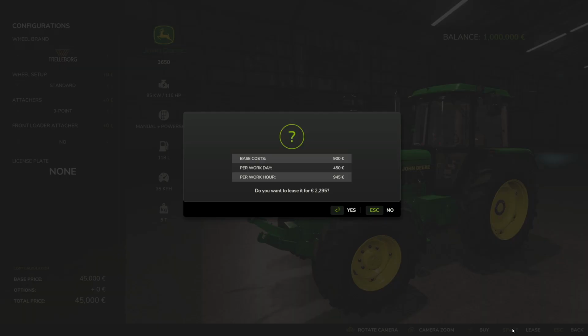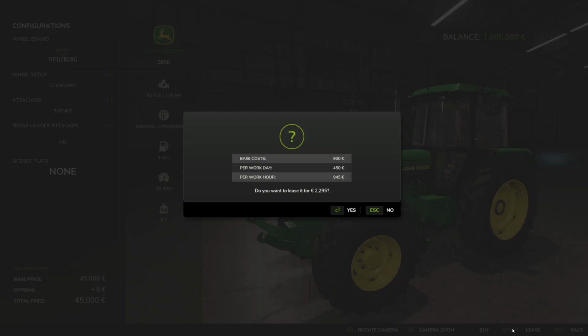And when you have driven around longer than 1 hour, even if it's only 1 minute, you have to pay another $945. And it counts the real time.